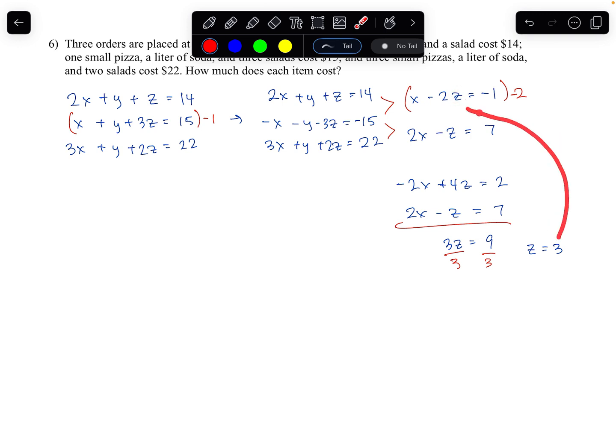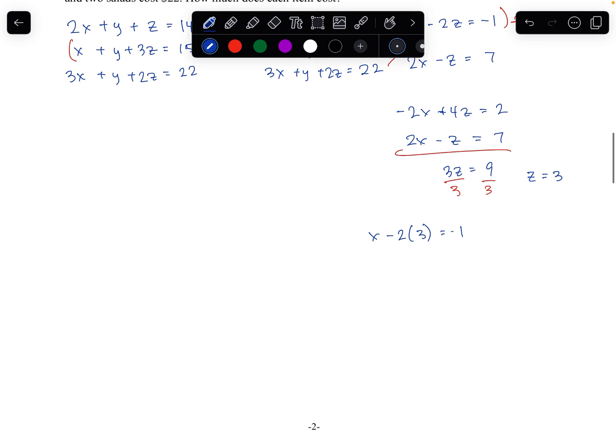I'll plug it back in here. So we still have x. So x minus 2 times 3 is equal to negative 1. So x minus 6 is equal to negative 1, which means x is going to be equal to 5. The cost of a small pizza is $5.